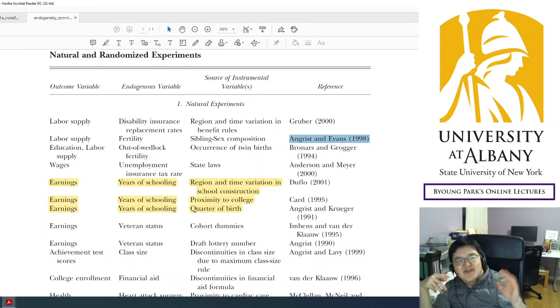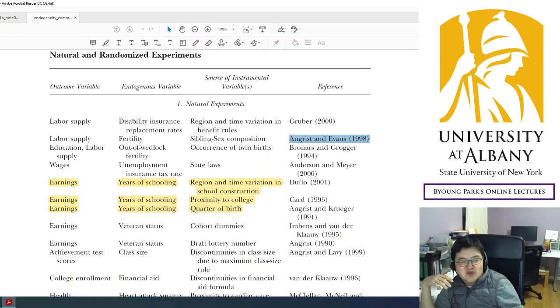By the way, if having the same sex for the first two kids is purely random, you cannot determine the baby's sex, then it satisfies independence, and it is relevant because if you have the same sex for the first two kids, you may want to have another to get the other sex. Like if you had two boys, and you still want a girl, then you may try once more.